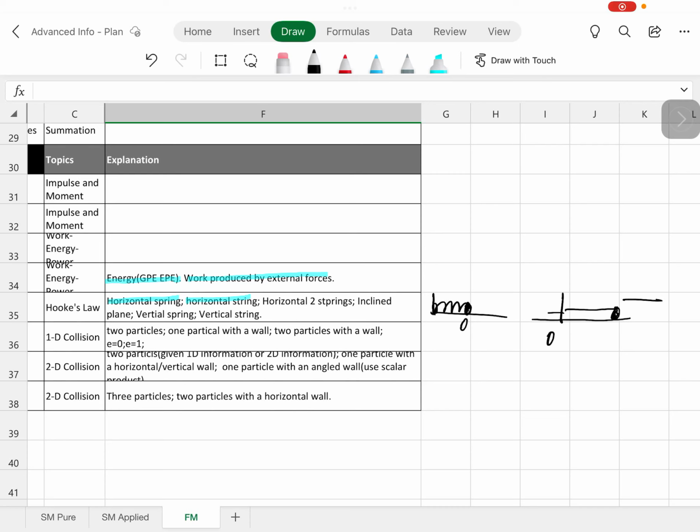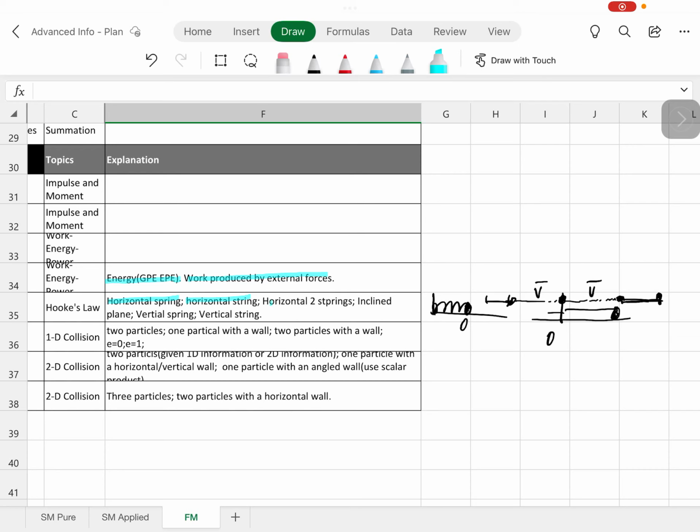So let's say you start from here to here, that's oscillation. From here, go back to there, that's moving with constant speed. And then you go to the other side, also moving with constant speed until the string is stretched again, then you're doing the oscillation. Okay, so that's that.